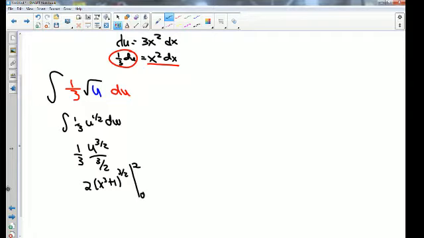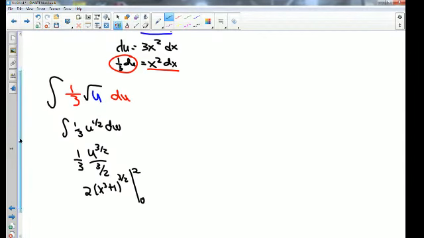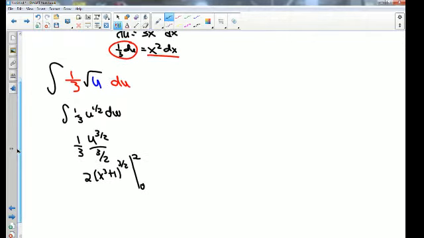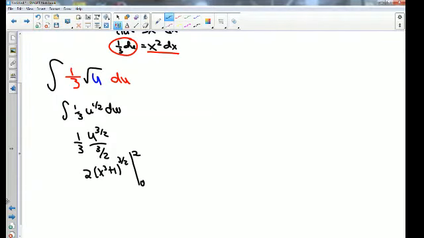Why is there a 2? Where's that 1/2 coming from? It's 1/3 times 3/2. It's 1 divided by 3 times 3/2.